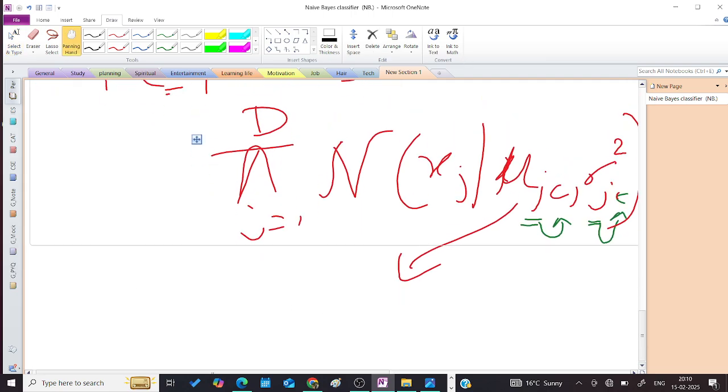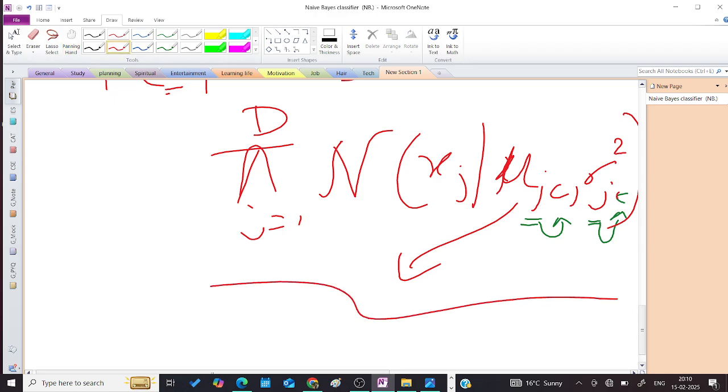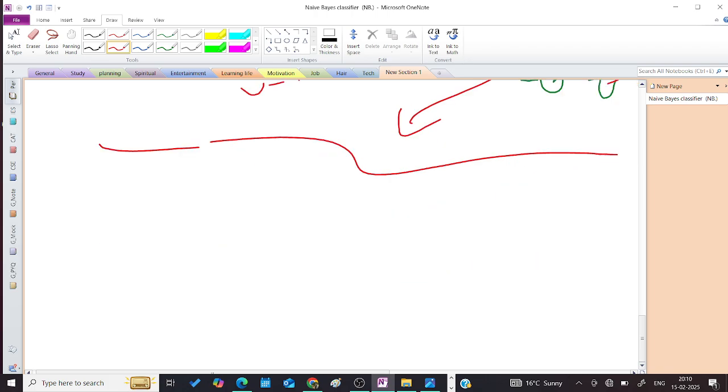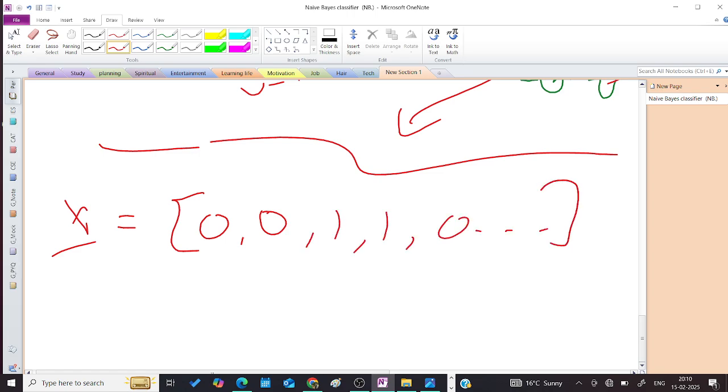But instead of real numbers, if the features are binary, that means the entire x can be represented as 0 0 1 1 0 up to D. I have already said that x is nothing but x1, x2, x3, xd, right?